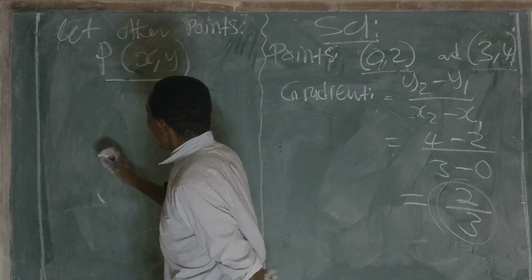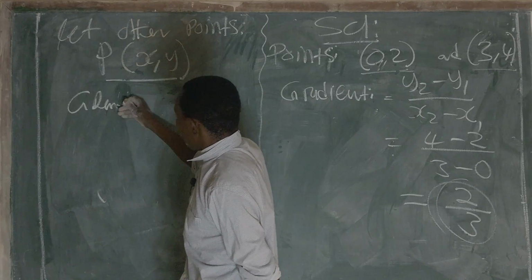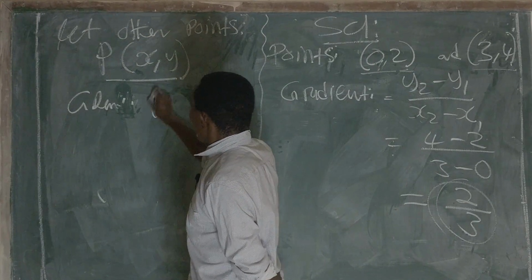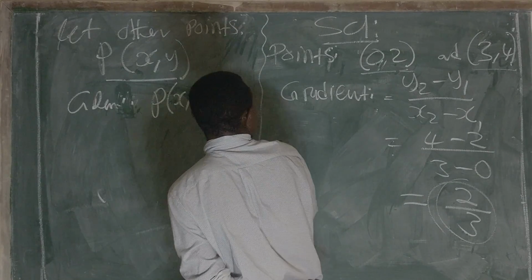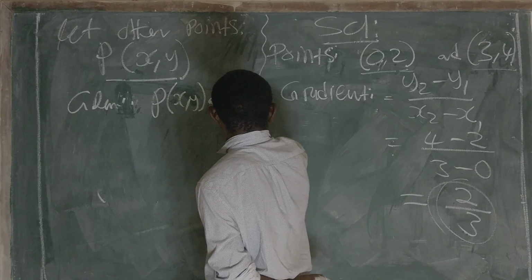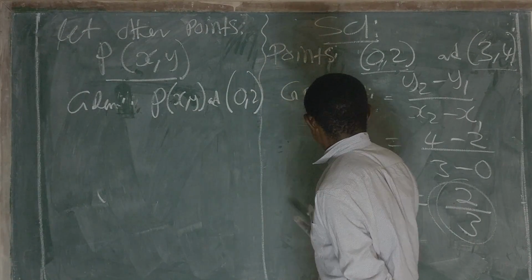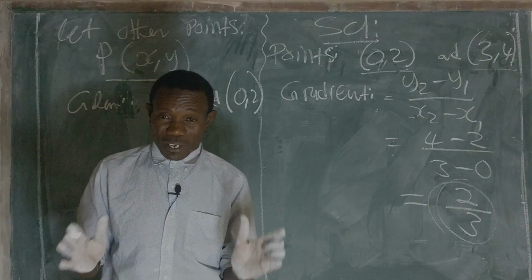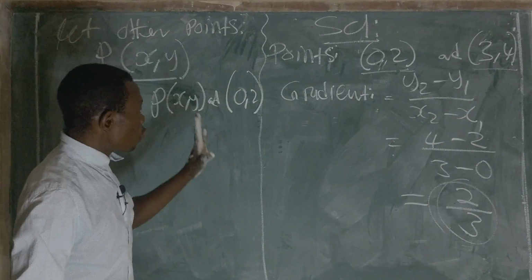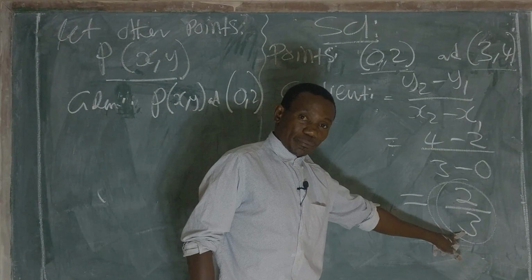So here I'll write gradient again. I'd like to calculate the gradient between P(x, y) and (0, 2). Taking me right here, first, calculate the gradient. If the gradient is not given, use the 2 points, like here, 2 over 3.